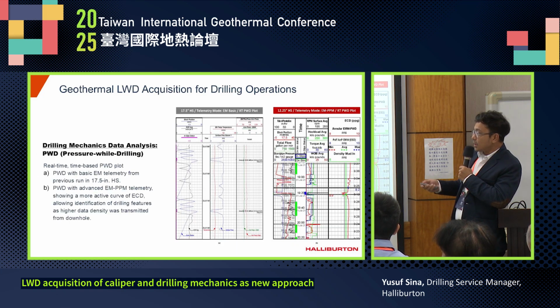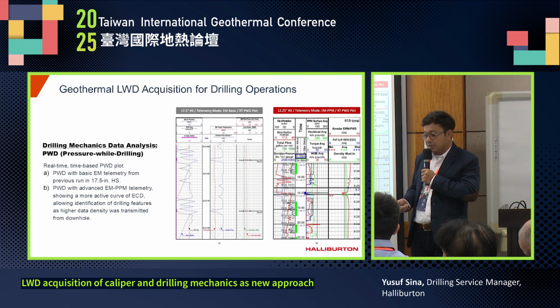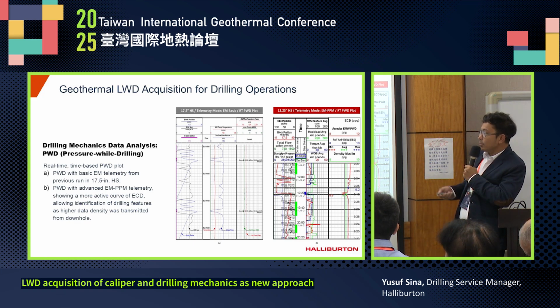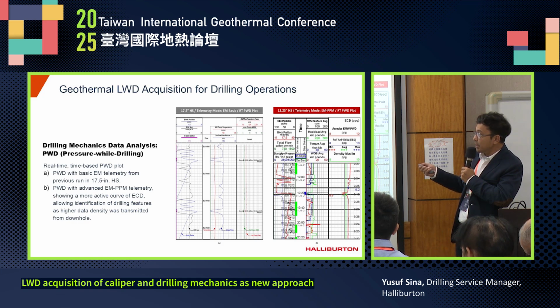Okay, the second thing is the drilling mechanics data analysis, right? Like I mentioned before, we are using the EM, but only for differentiation: in the 7.5 inch section we are using the basic EM.